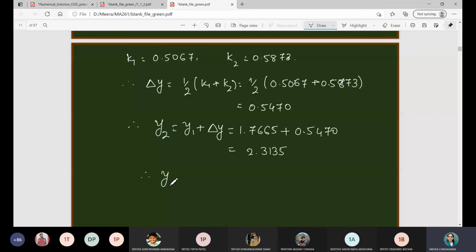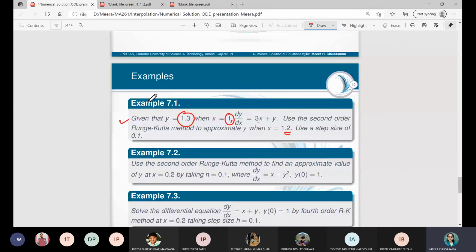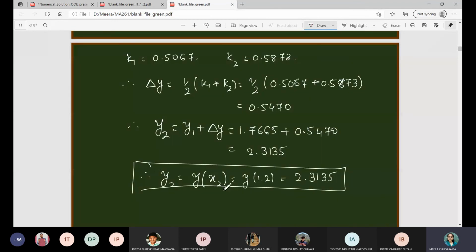So therefore, y2 means y at x2. x2 is nothing but 1.2, which we got 2.3135. So this is the answer we were asked, right? So compute y at 1.2, that is the asked question, and we have computed it, and it is this one.